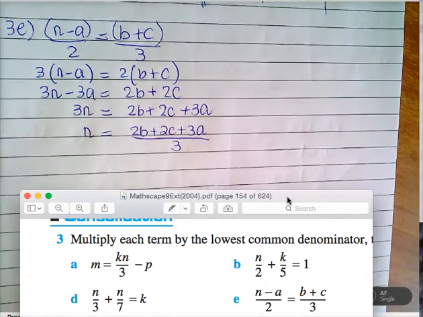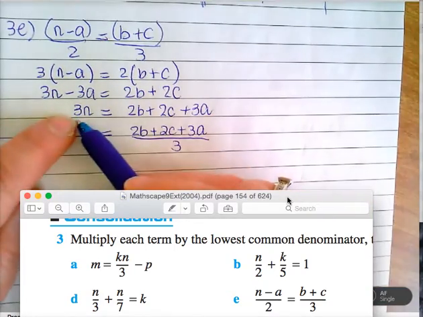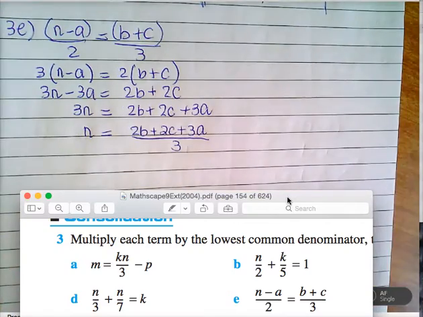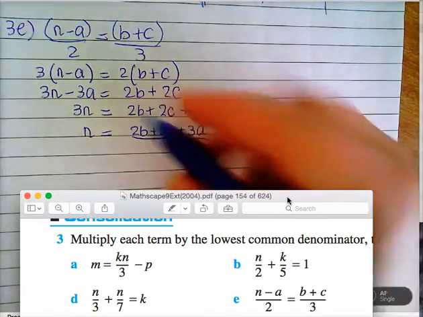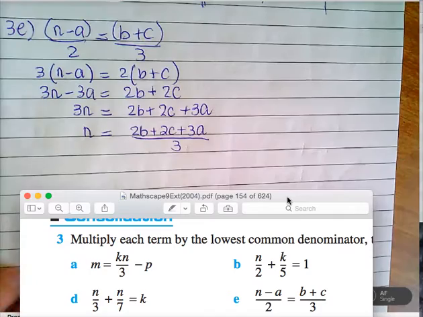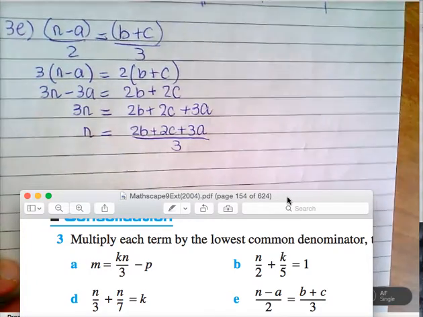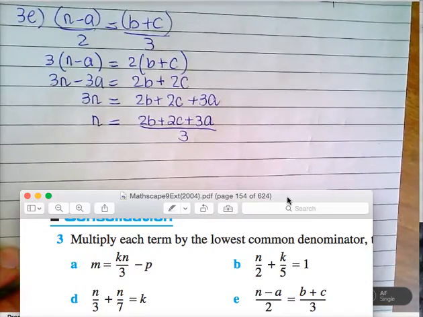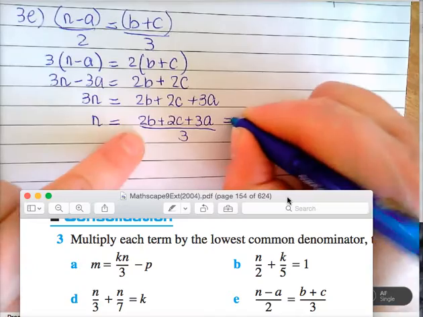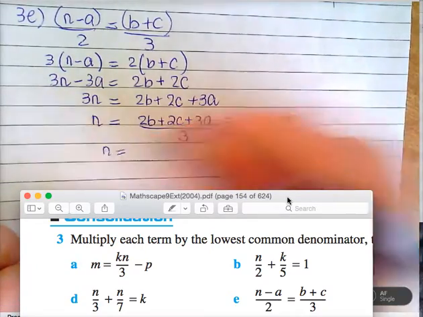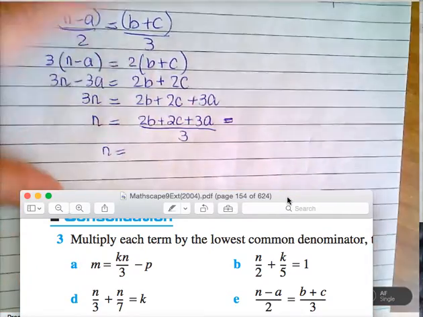What we're really doing is dividing both sides by 3, but on the other side you've got 3 things. So all of that needs to be divided by 3, not just the first thing, not the last thing, all of it. Can I write instead a plus 2b over 3 plus 2c over 3? You could write this individually if you wanted, but I'd say the answer looks like that.